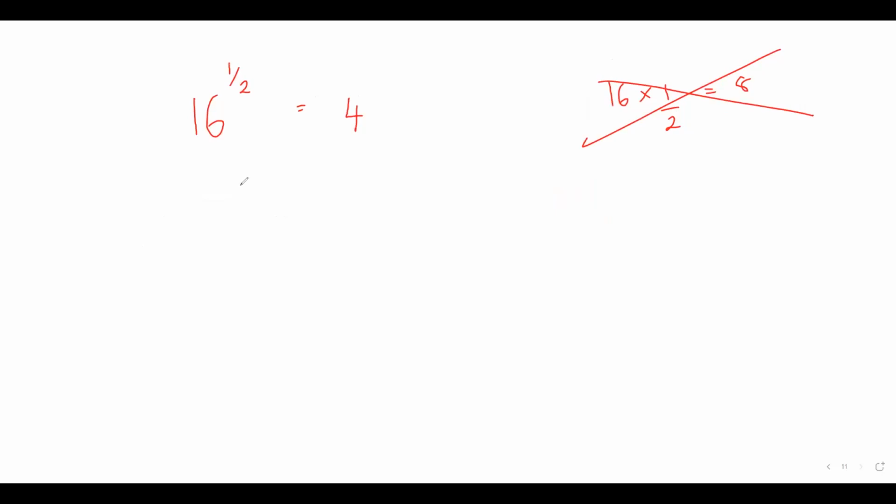Let me show you. Now, 4 into 4 is 16. If your denominator is a 2, you have to check for 2 multiples like this. Let's say I give you 8 to the power 1 over 3. How many multiples should you check? 3. What into what gives you 8? So your answer is 2.